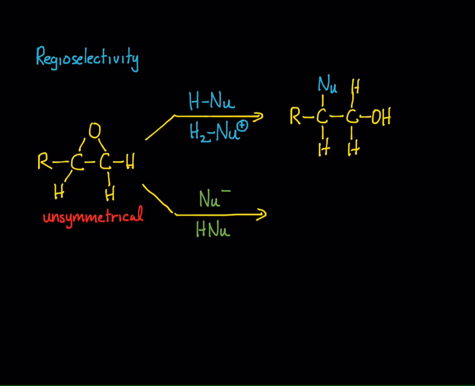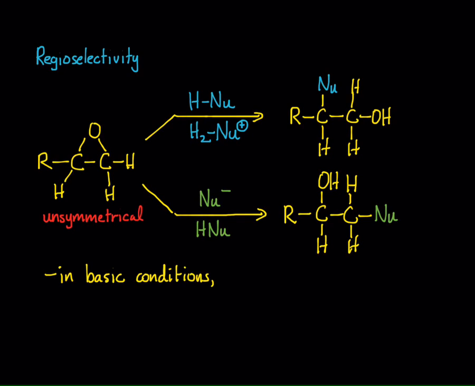When I react this nucleophile with my unsymmetrical epoxide, the nucleophile always adds to the less substituted carbon. Why is this? Well, recall in basic conditions, it is an SN2 mechanism, and so this is going to be driven by steric effects.